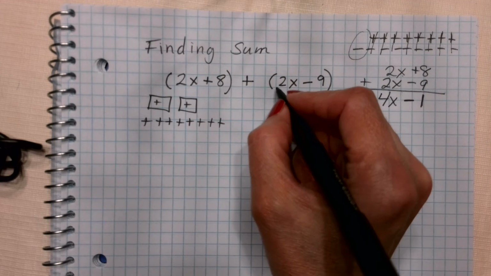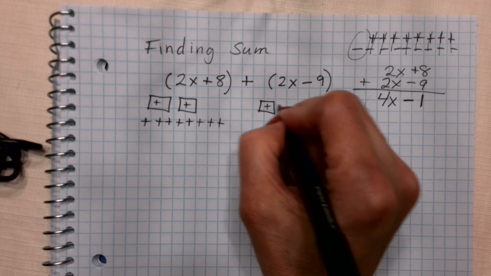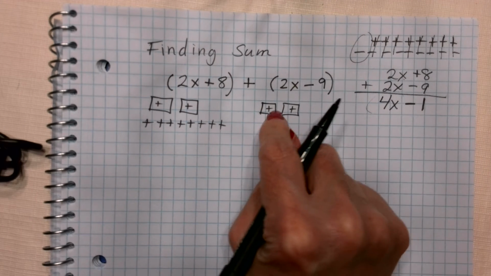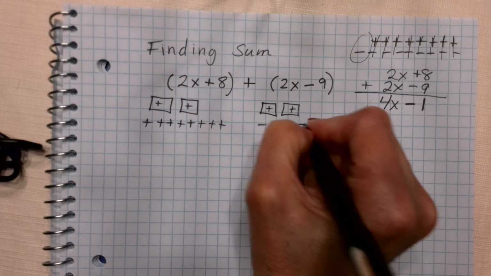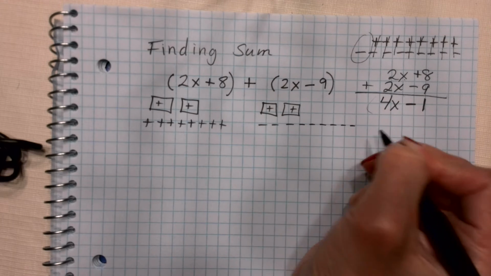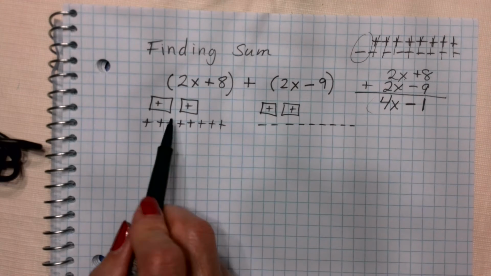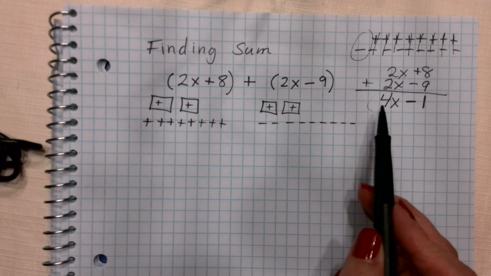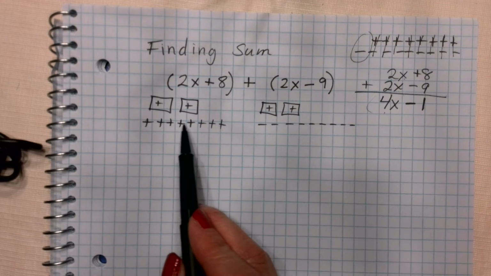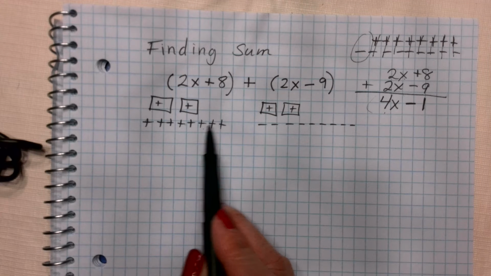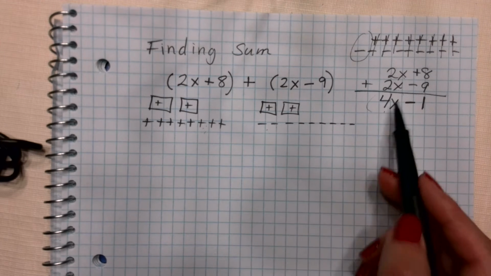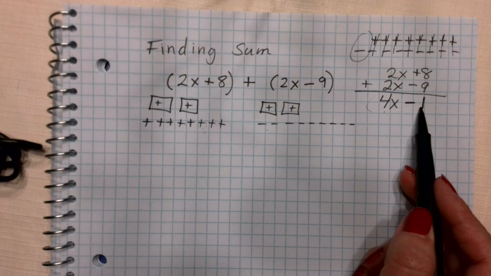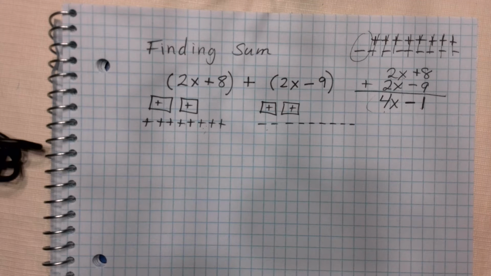And then over here is also 2 positive x's, 2 positive tiles for the x, and then 1, 2, 3, 4, 5, 6, 7, 8, 9 negatives. And it's the same thing. You now have 4 positive tiles, 4 x's, and then when these get together, they're opposites, so they're going to turn into a bunch of zero pairs. You're going to be left with a negative 1. Okay, so that's finding the sum.